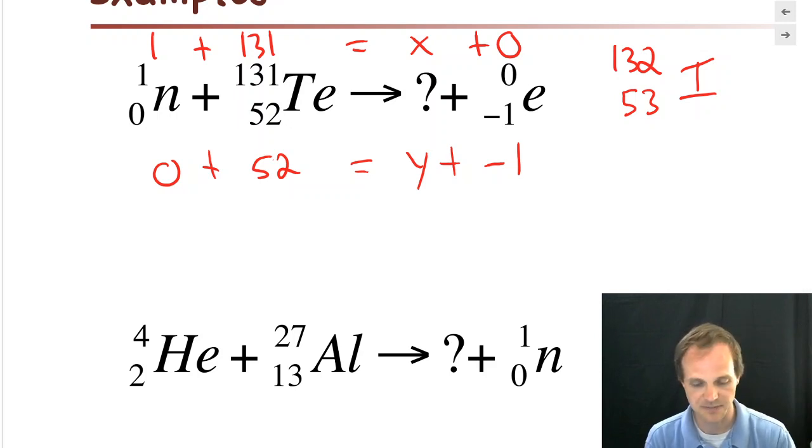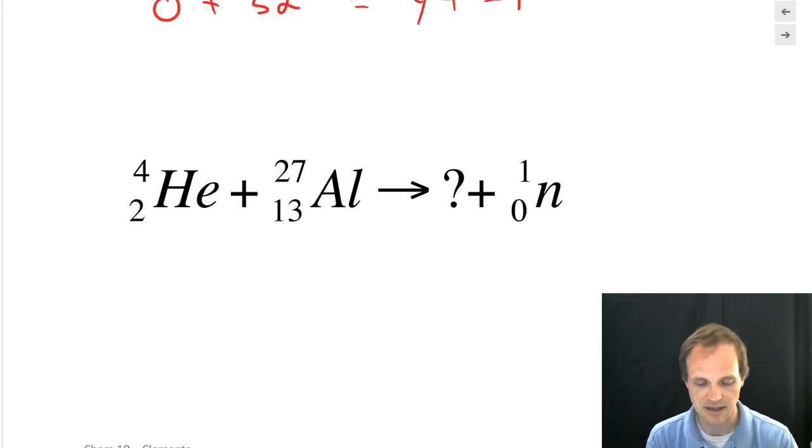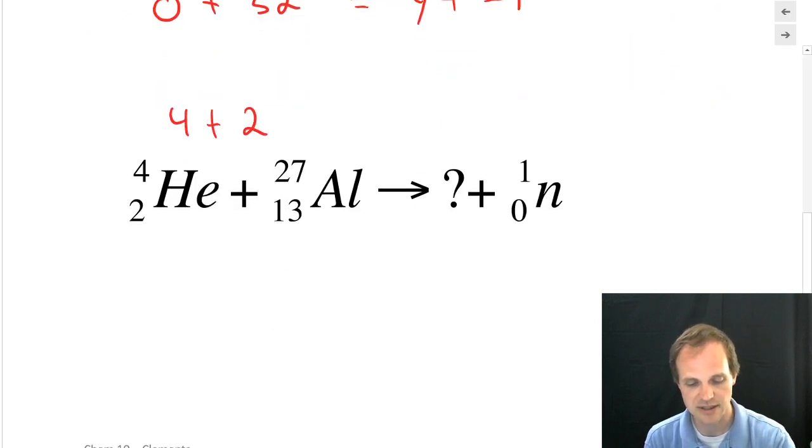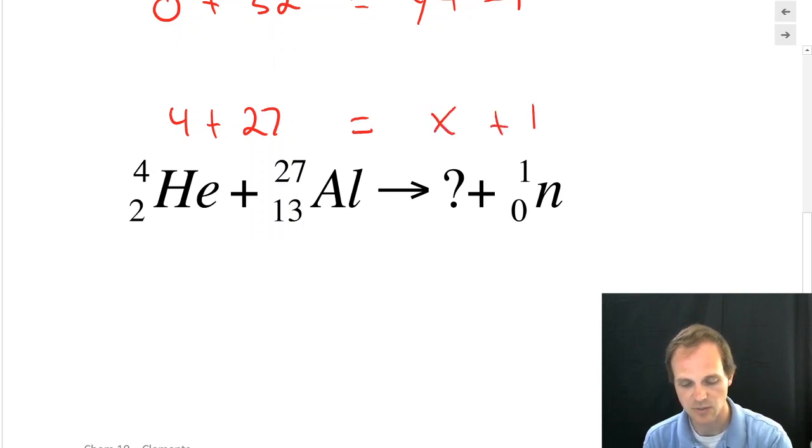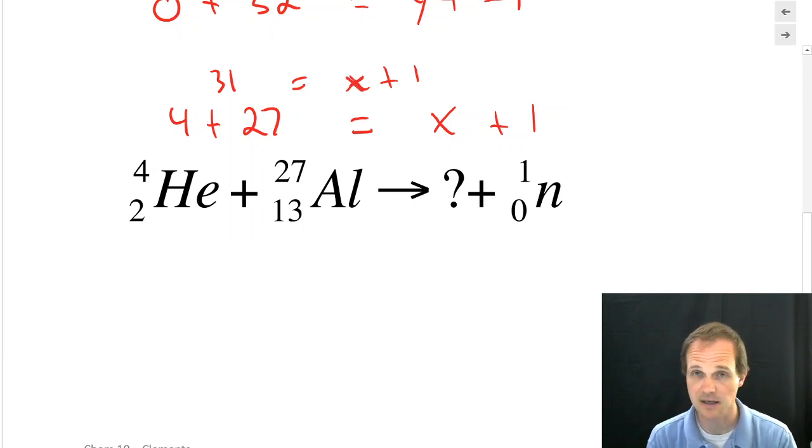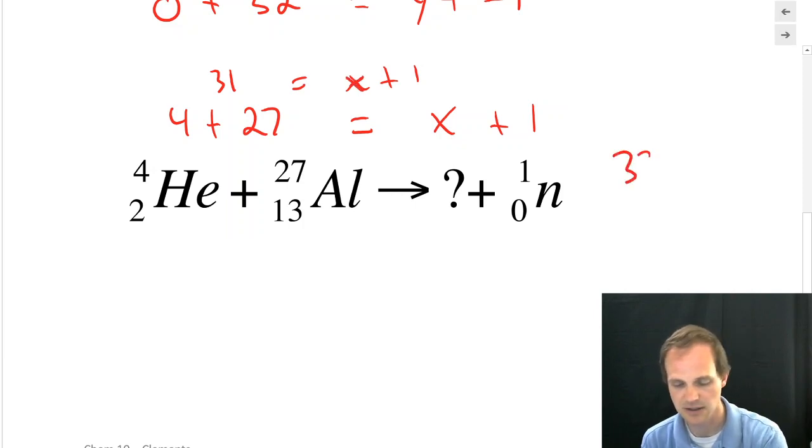beta particle. Our one on the bottom here, same thing, 4 plus 27 is equal to question mark, or x, plus 1. Right, 4 plus 27 is 31 is equal to x plus 1. And so x has got to be equal to 30.